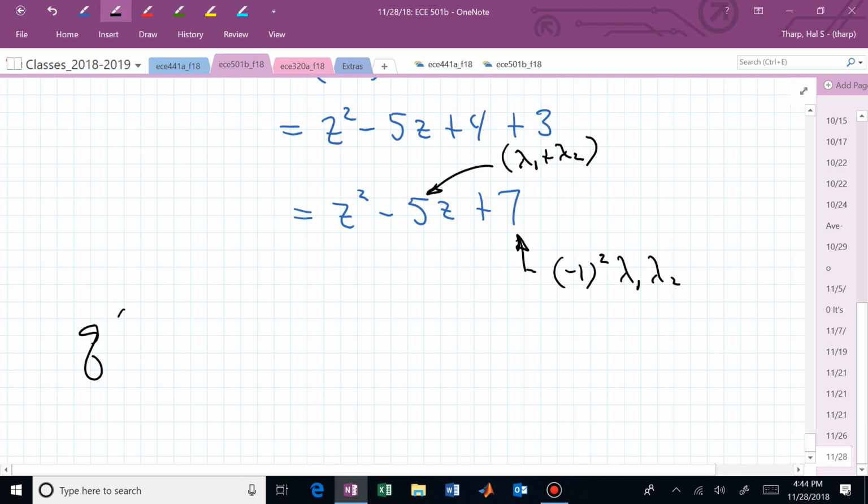So we now have our characteristic polynomial, q of z, is z squared minus 5z plus 7.